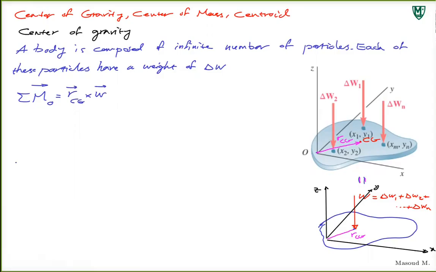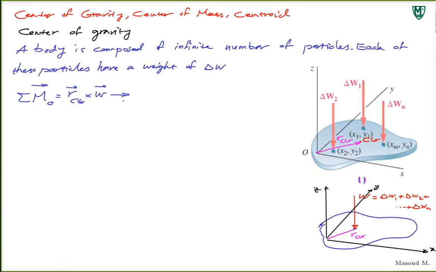So whatever the moment of all these small forces, the weight of each particle, about point O should be equal to the moment of the total weight when it's put on the center of gravity. That's the logic that we're following here.